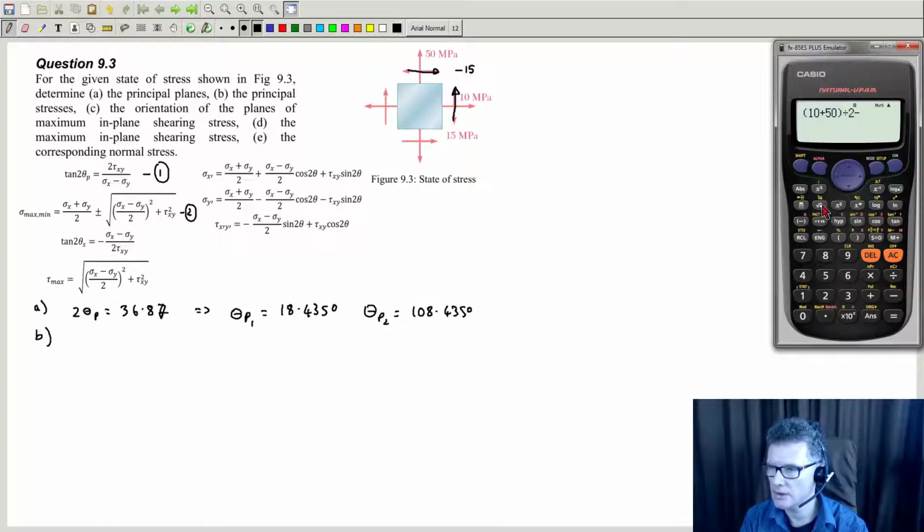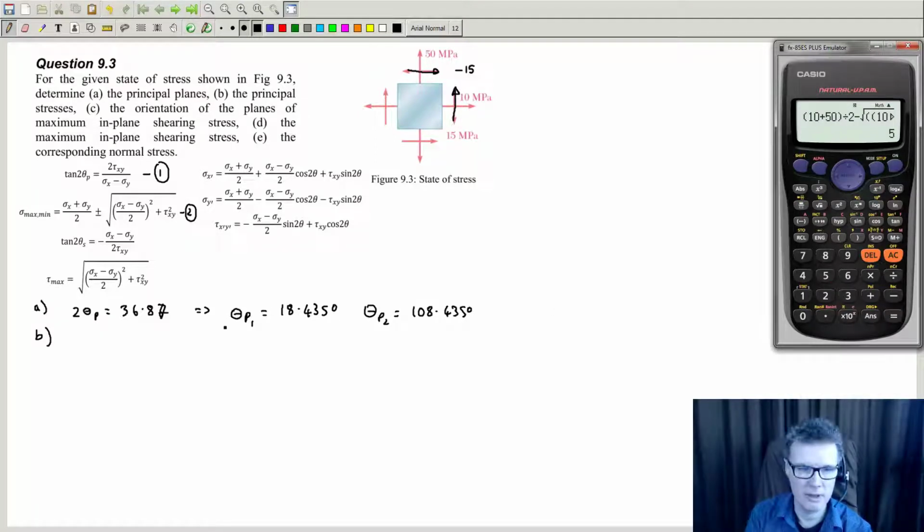Take away square root, open a bracket, 10, take away 50, close the bracket, divide it by 2. Close that bracket and square it. Plus, I'm not going to bother with the negative because when I square a negative, it should be a positive.